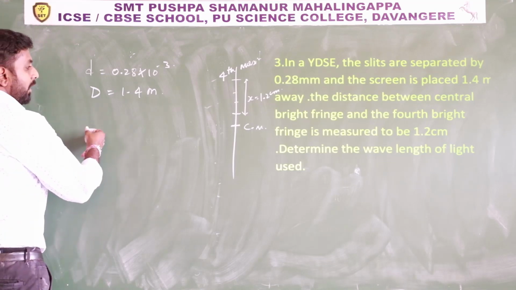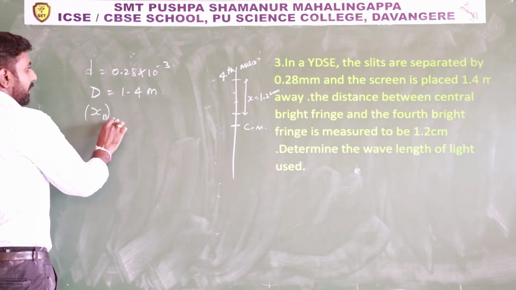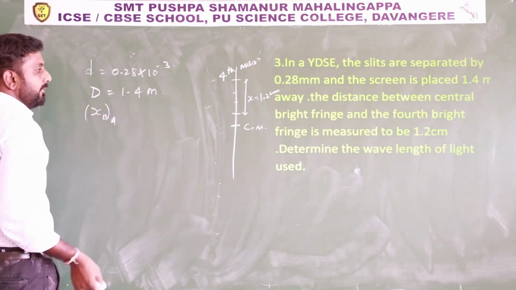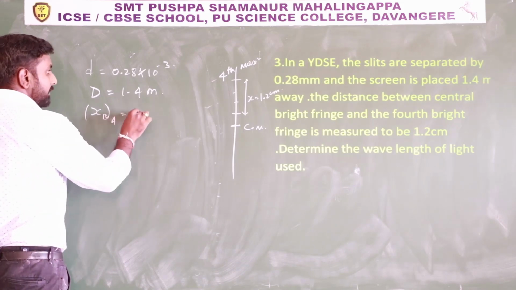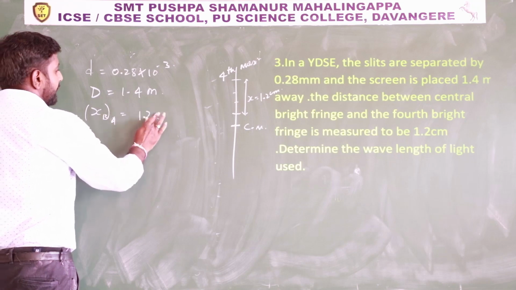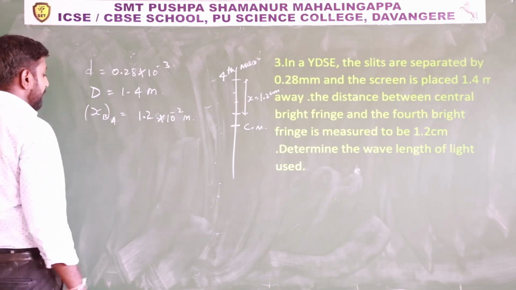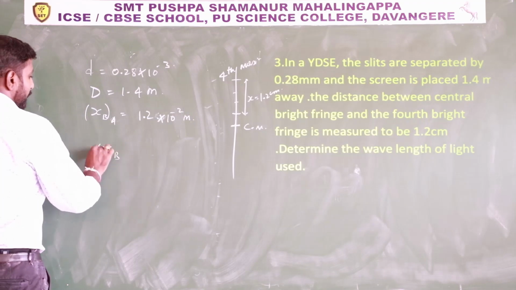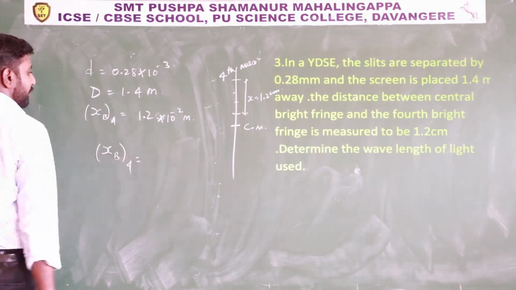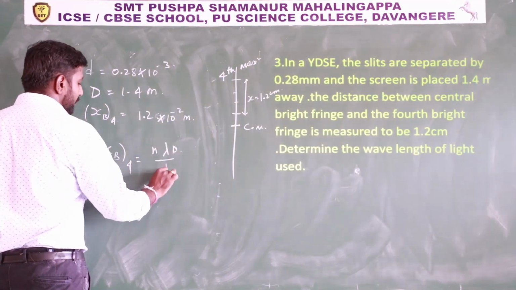Then this x is x4b, the fourth bright fringe, right? So how much is that value? 1.2 centimeter, 1.2 into 10 to the power minus 2 meters. Lambda value you have to find. x4b is equal to n lambda capital D divided by small d.